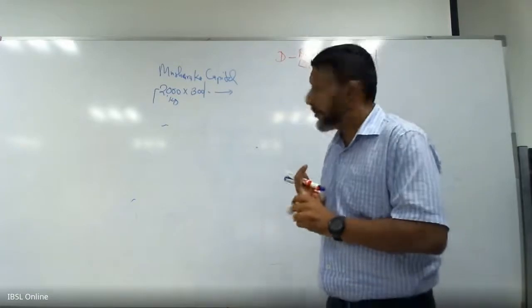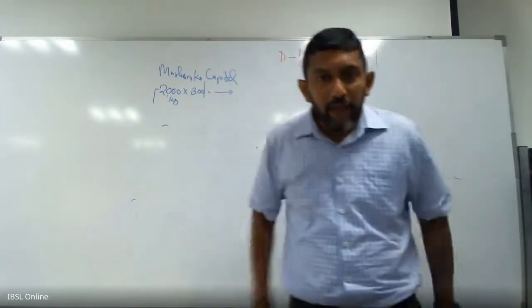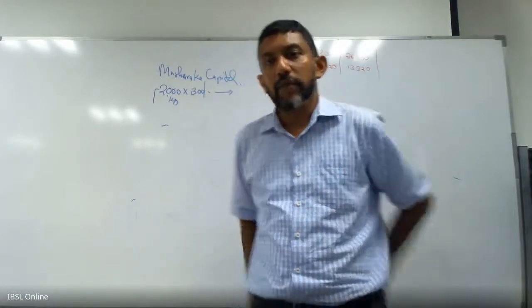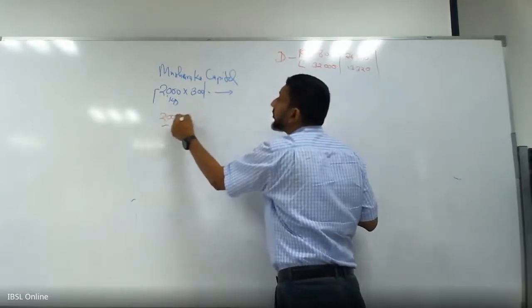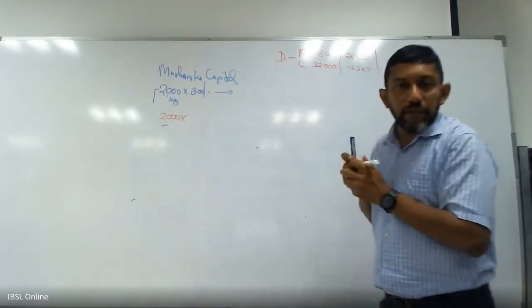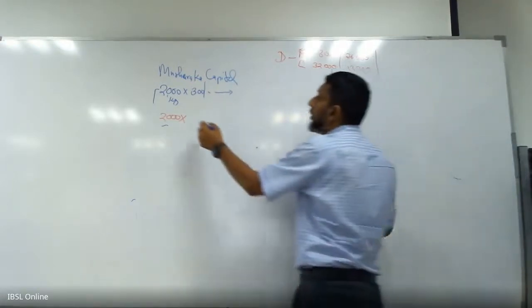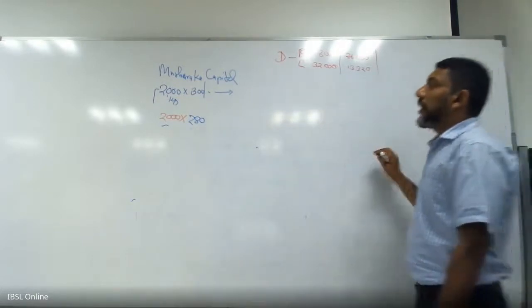Okay, Musharaka. The question is to calculate the loss for the bank and customer if 2,000 kilograms of tea is sold at 280 rupees. So what are you going to calculate?